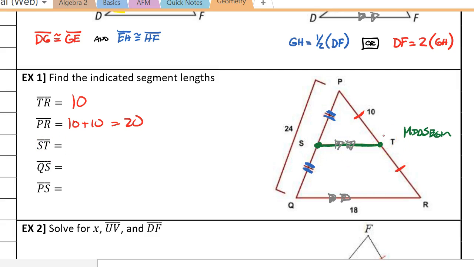Well, I know that the midsegment, ST, is equal to half the base QR, which is 9. QS, what is the value of QS? And I'm looking for PS as well. Well, these two are congruent, so if the whole piece is 24, that must mean that it's 12.